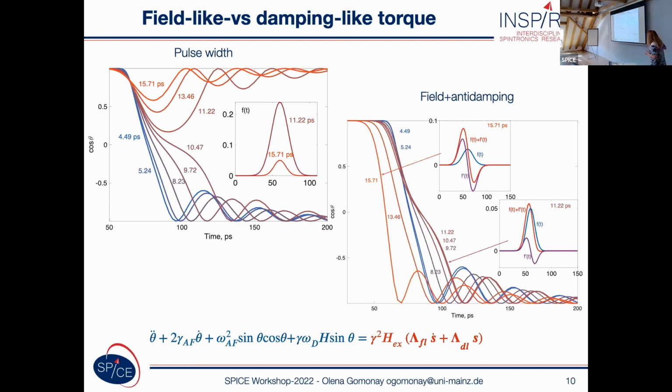Here you can see the separate contributions of the anti-damping torque and the field-like torque. And the sum of these torques gives a very special shape of the pulse, where at the initial stage the system is accelerated quite fast, but then decelerated and pushed into the proper final state.